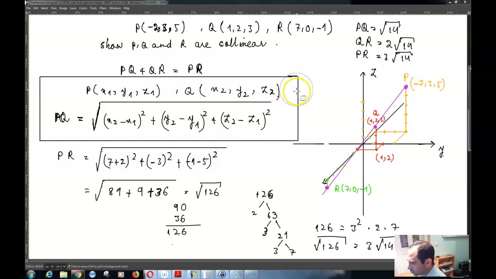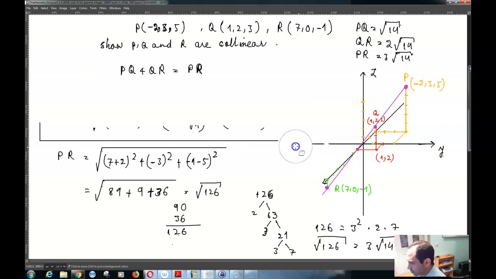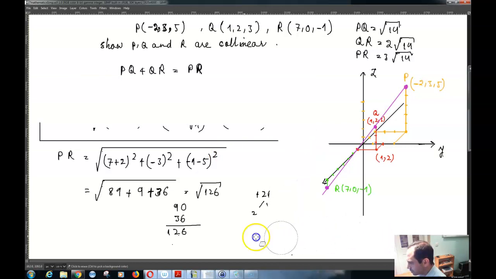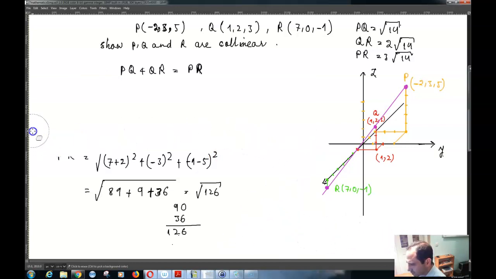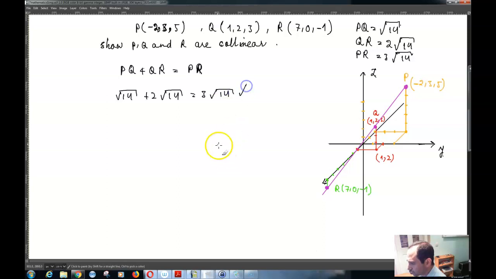And now if I put all of these things together, what I would get is PQ plus QR is square root of 14 plus 2 times the square root of 14 is equal to 3 times the square root of 14, which is of course true.